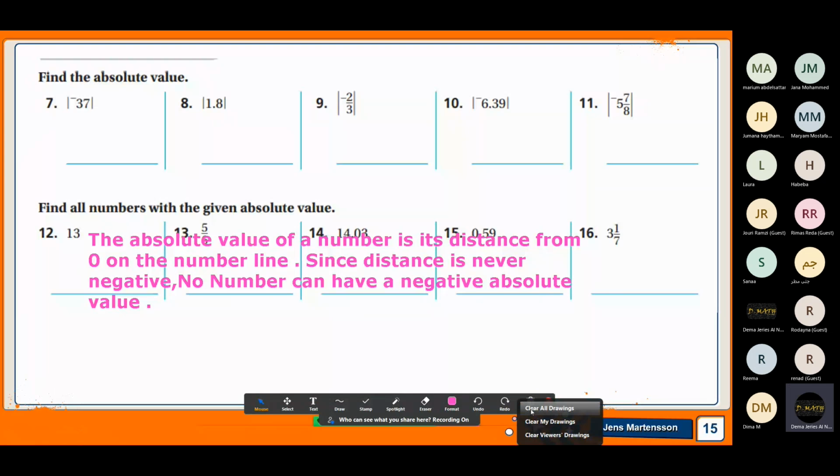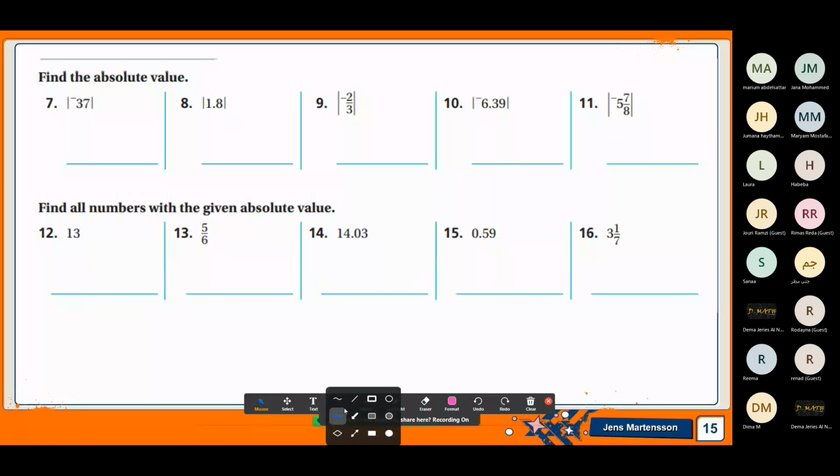Okay, now. Yes, Mariam. What is the absolute value of negative 37? 37, positive. Bravo. Now, Rima. Yes, teacher. What's the absolute value of 1.8? 1.8.